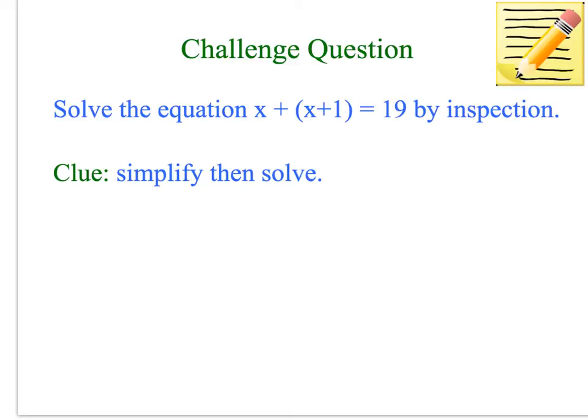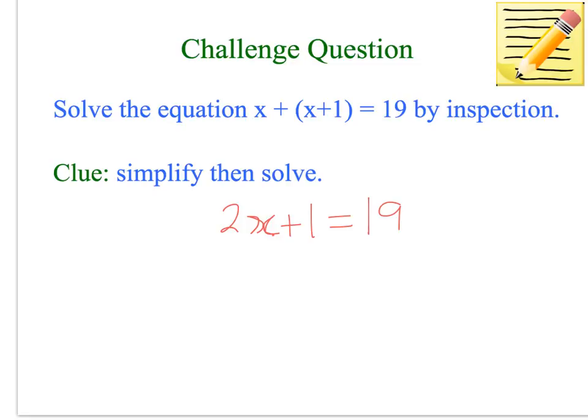Right, so simplifying means we are collecting the terms. So x plus x is 2x, so it's 2x plus 1 equals 19. So 2 times a number plus 1 is 19. Well, let's just take 1 away from 19, which equals 18, and then 2 times something equals 18.